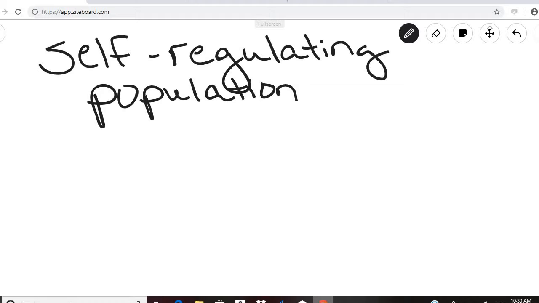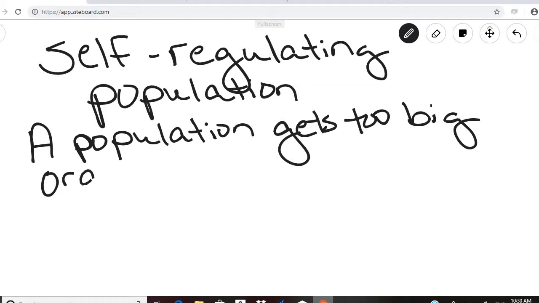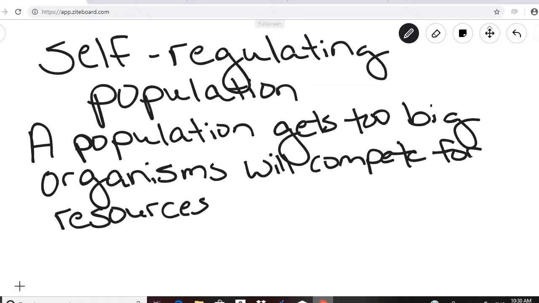Let's say that a population gets too big, so big that there are not enough resources for it. Then what will happen? Organisms will compete for the resources that are available, and the ones that get the resources survive, the other ones die.